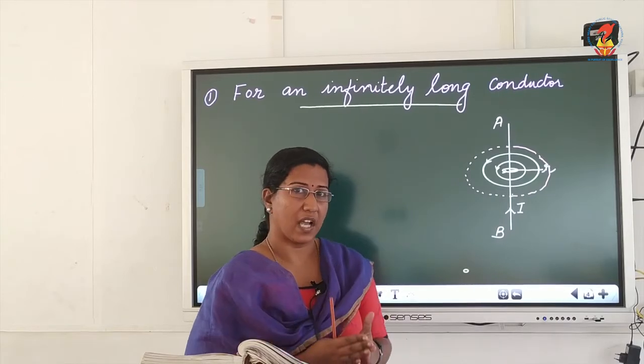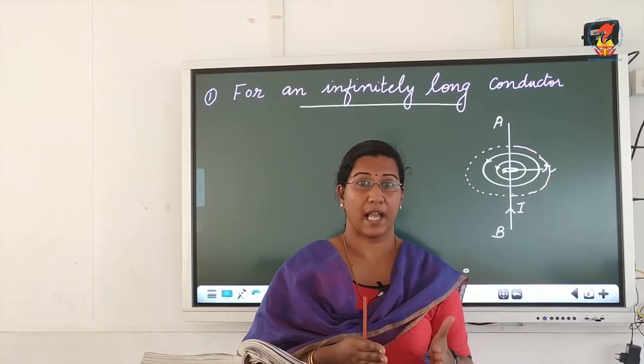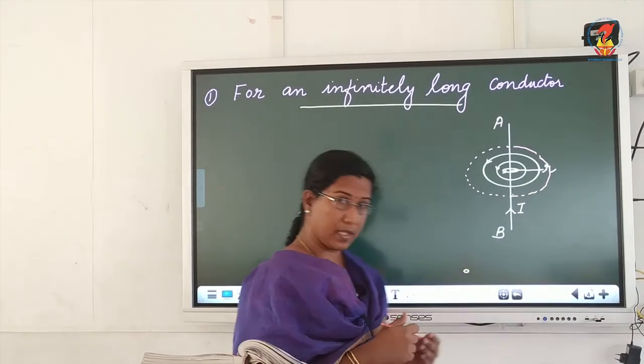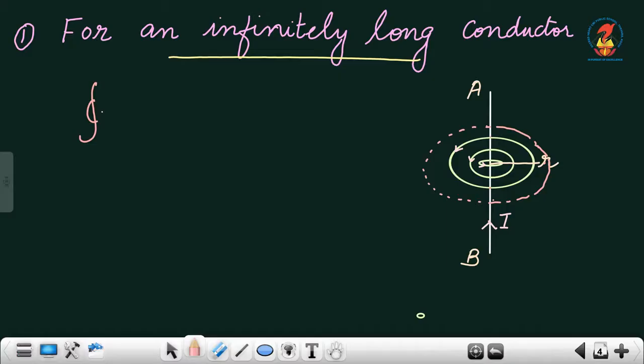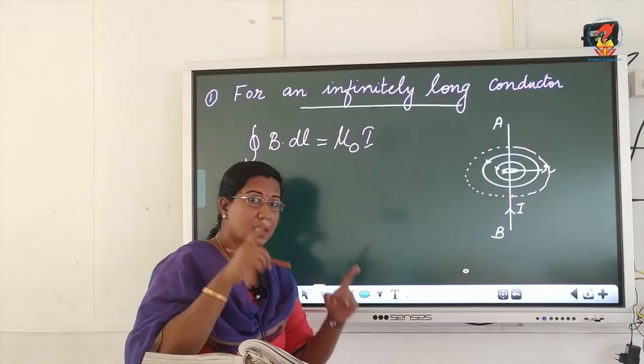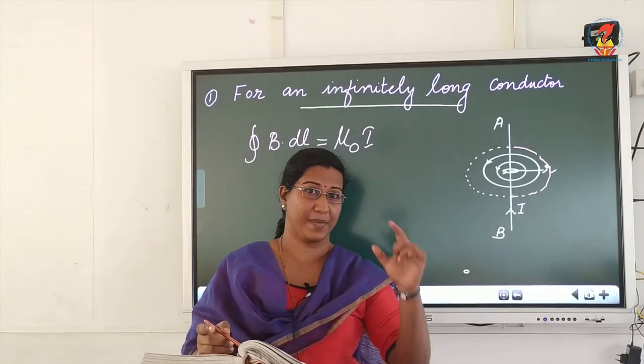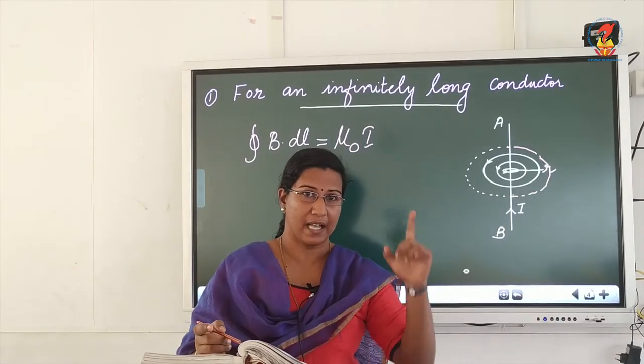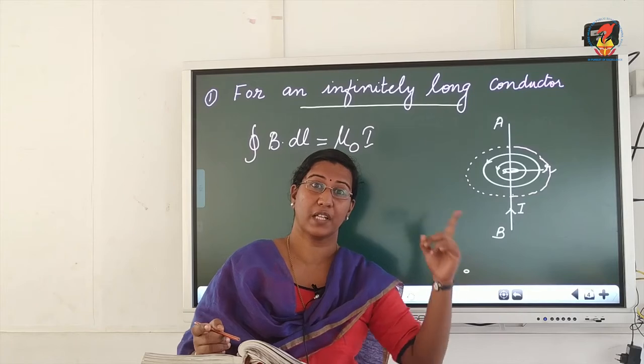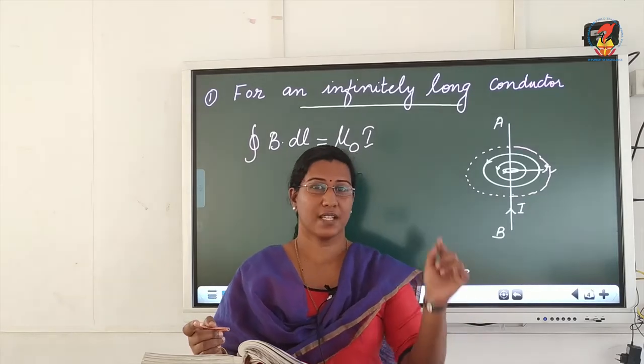Now one thing you have to keep in mind while using Ampere's Circuital law is, I told you the law states that the line integral of magnetic field around a closed surface, that is B dot dl, is mu0 times the current passing through the surface. In Biot-Savart's law also there was a current element dl, but that dl was the portion of the conductor which produces the magnetic field.